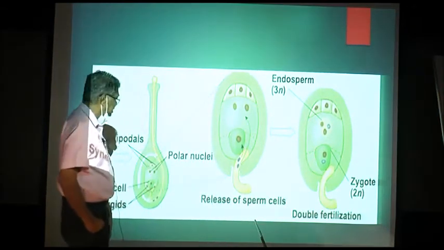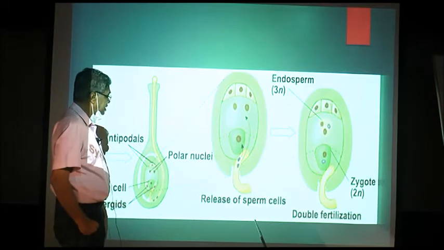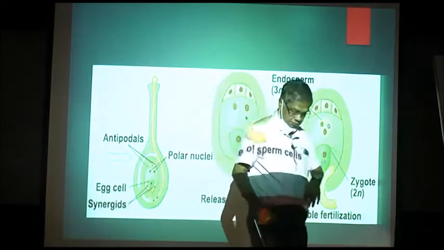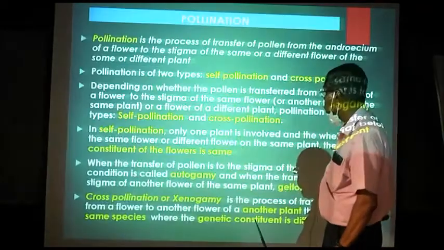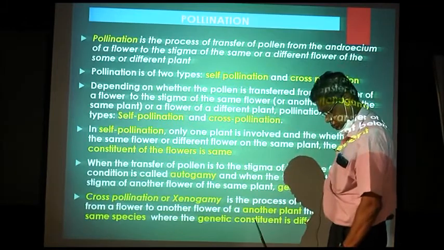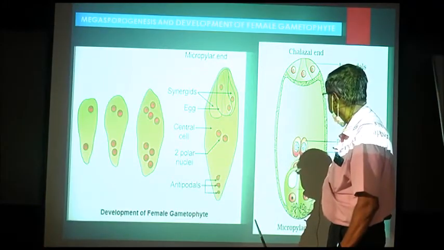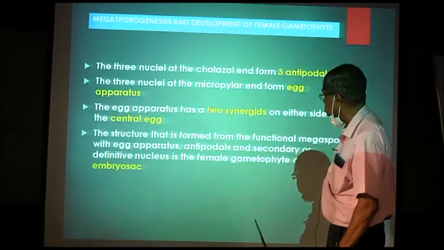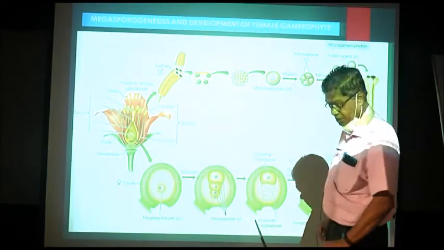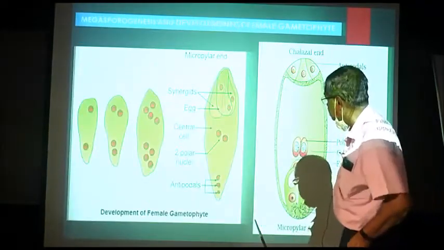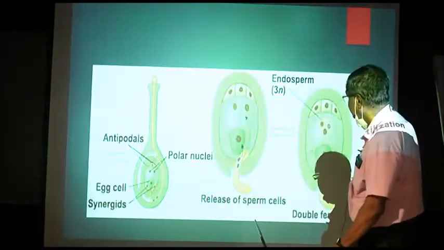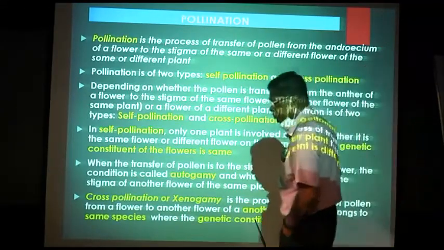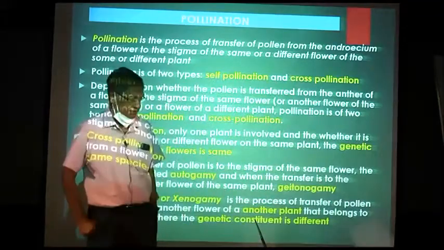Endosperm is triploid and the zygote is diploid.